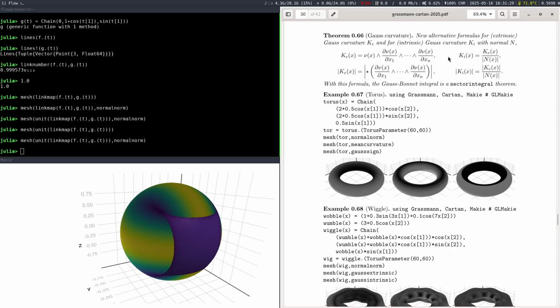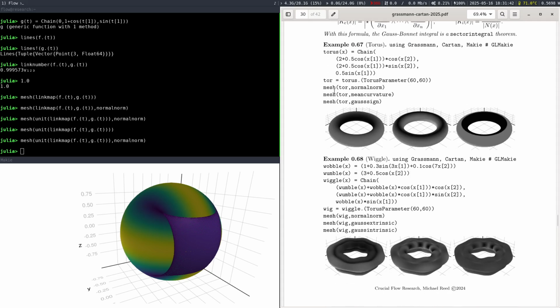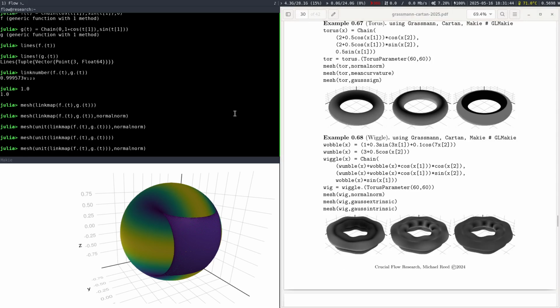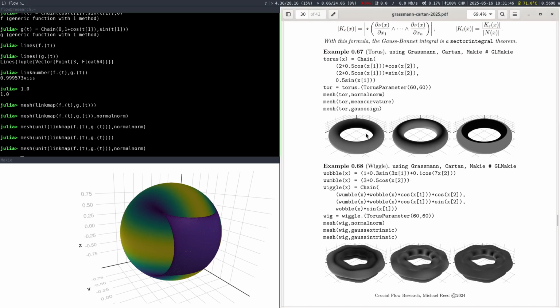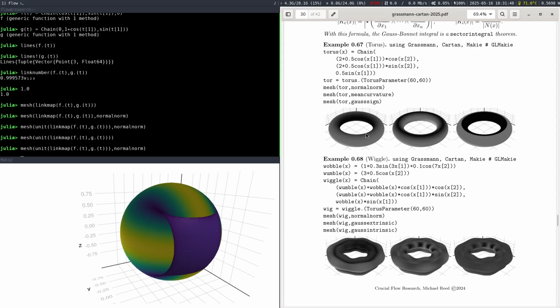That gives us the intrinsic and the extrinsic. And with this formula, the Gauss-Bonnet integral is a sector integral theorem. So let's get into some of these examples.